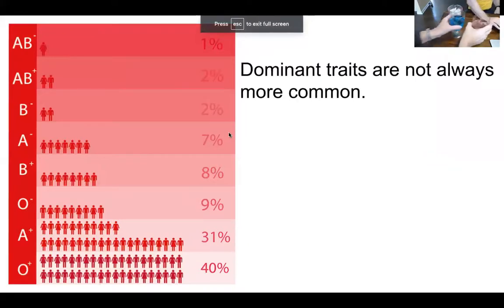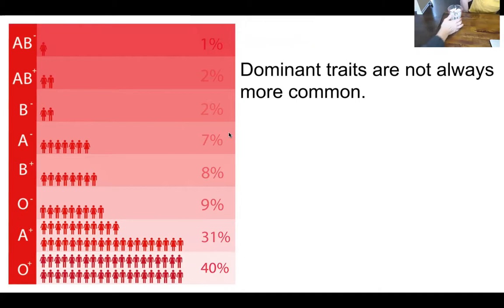I think we mentioned earlier, and we'll get into this eventually, that the genetics behind the blood type is that A and B are dominant over O, but dominant traits don't always give us the most common trait.